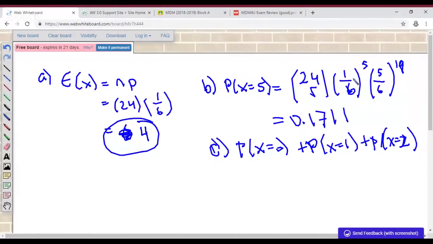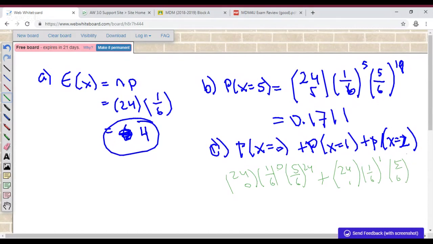So you would do it like the one we just did. Probability of 0 is 24 choose 0, 1 over 6 to the 0, and 5 over 6 to the 24, plus 24 choose 1, 1 over 6 to the 1, and 5 over 6 to the 23, plus 24 choose 2, 1 over 6 to the 2, 5 over 6 to the 22.